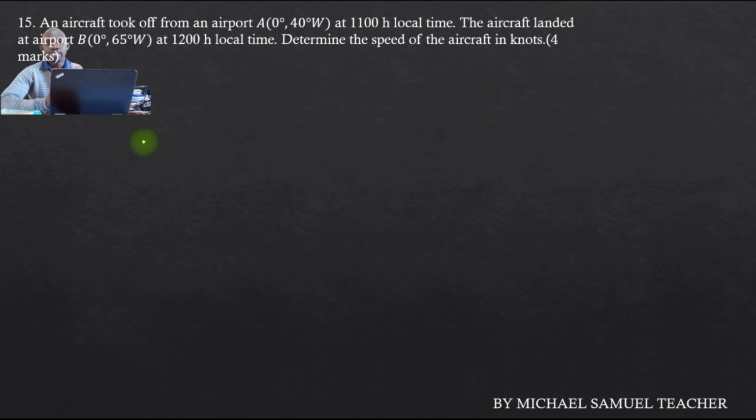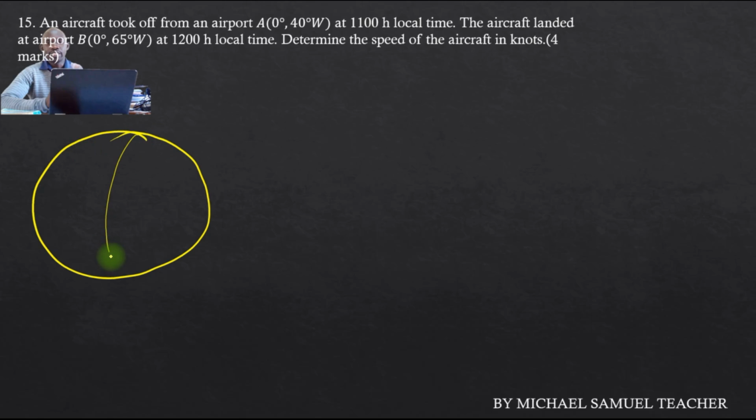Now, let me just make a sketch of the globe, and then we have this as the equator, 0 degrees, and then we have point A, which is 40 degrees west. So if I take this to be 0 degrees on the latitudes, then this is 40 degrees west.